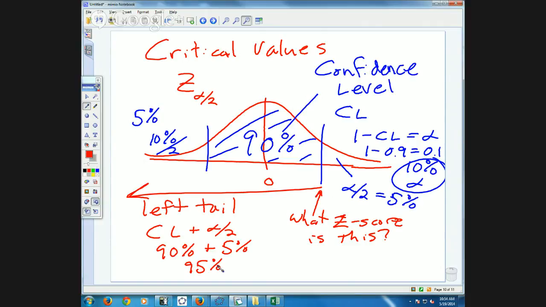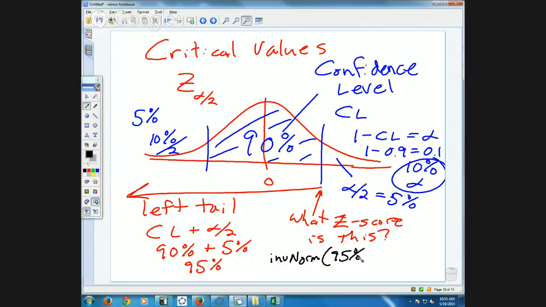So once we're given a confidence level, we need to know alpha. Then we split that alpha and add one of them on so I can make the left tail complete. Now to figure out the z-score, I'm going to enter the inverse norm for, in this case, 95%. Is 95% my confidence level? No, it's the confidence level plus the left tail.